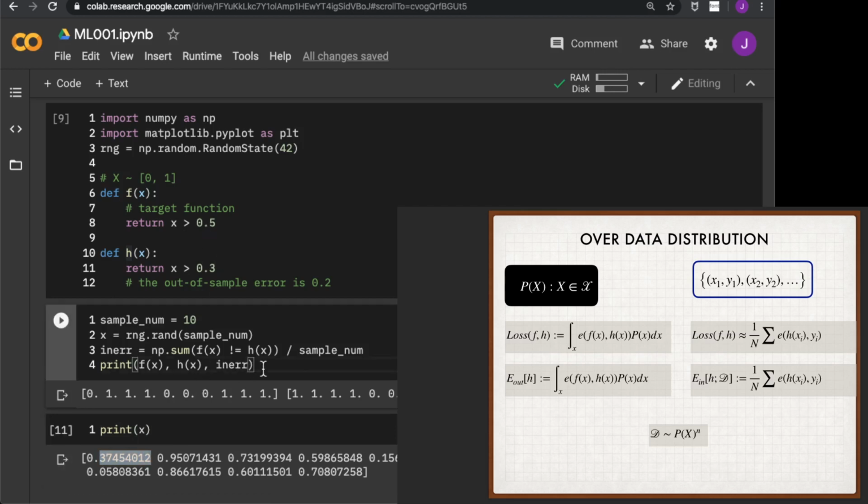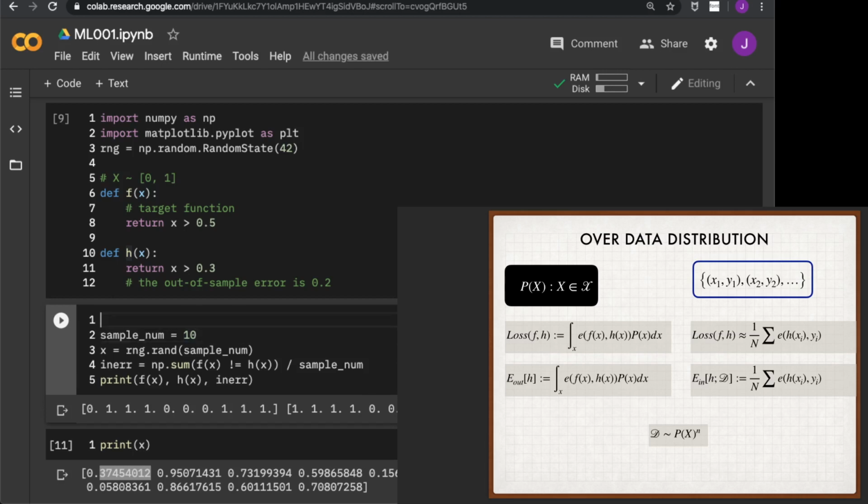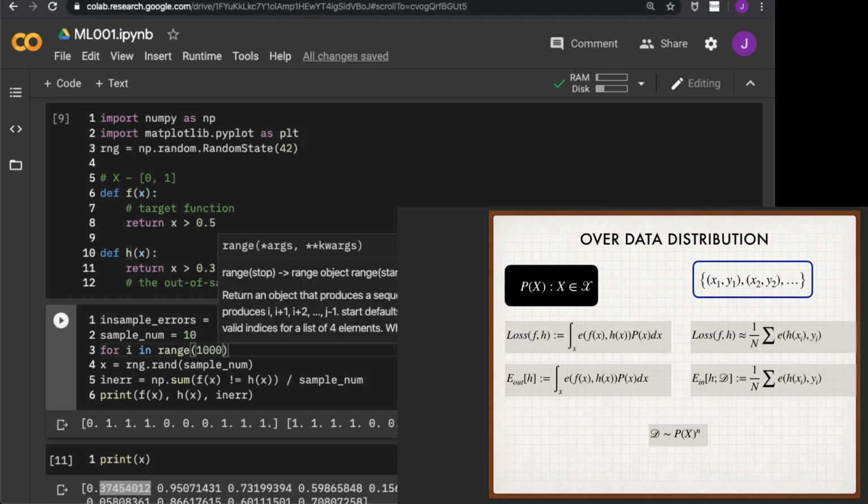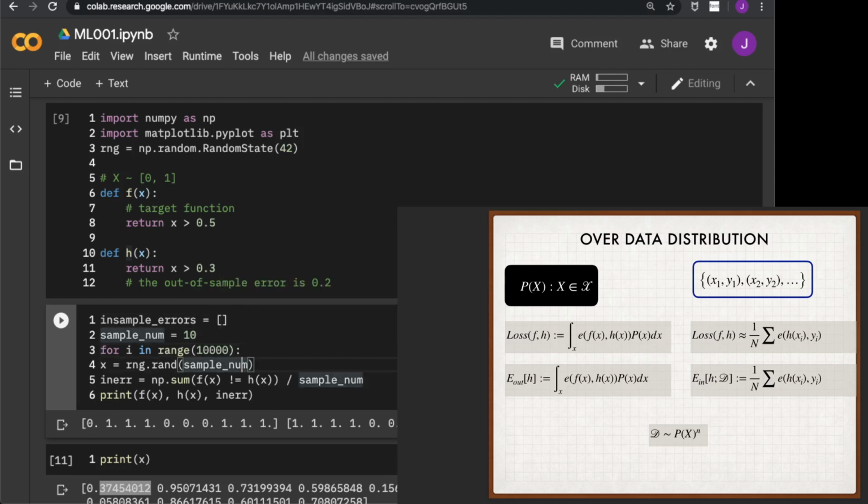What we will do is repeat this experiment multiple times and record all the outcomes. See, in-sample errors: we prepare an empty list to record all the experiment results. Let's do 10,000 experiments.